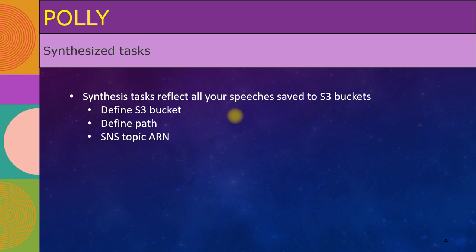So after you run the job, you see the file wind up in the S3 bucket, and typically you'd use that S3 bucket file in an application. Or you could, like I said, export and download the file. You could use it any way you like.